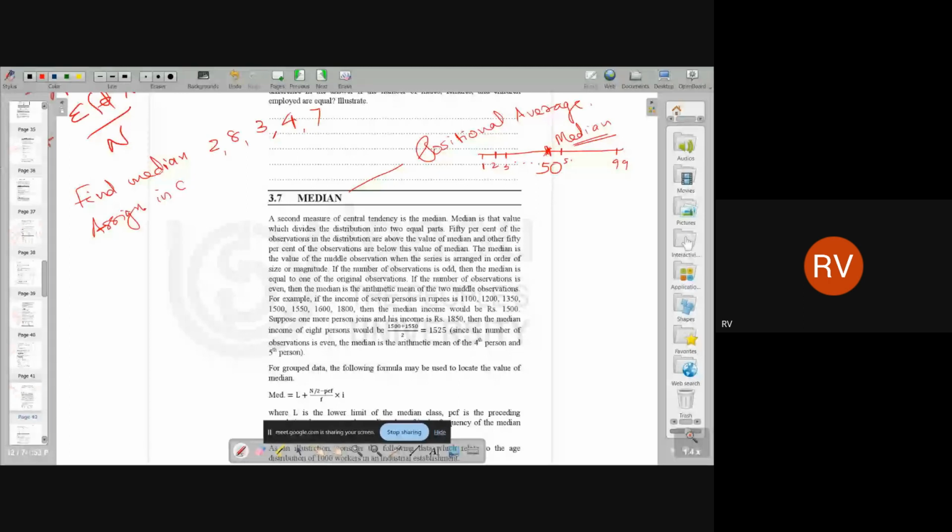In ascending order the lowest one is 2, then 3, next 4, then 7, then 8. The middle figure is 4. That is, the median is 4. The median is the middlemost observation, the middle value.